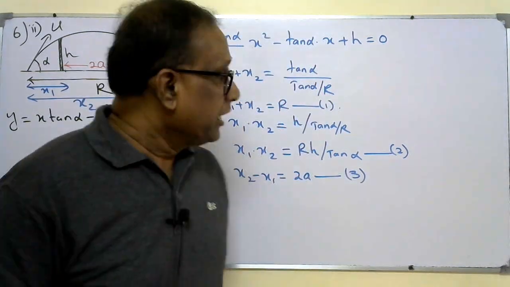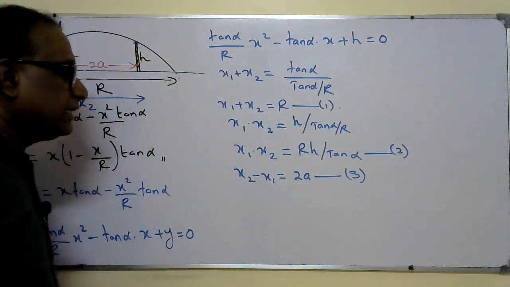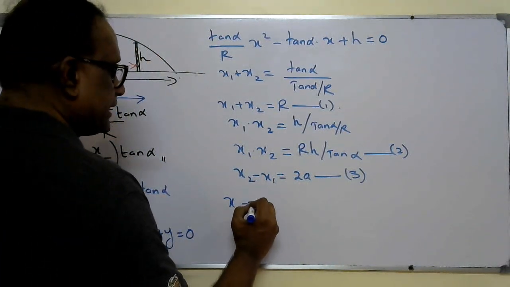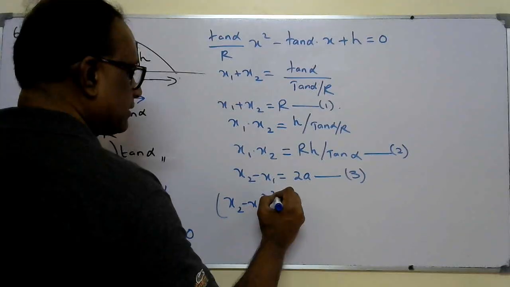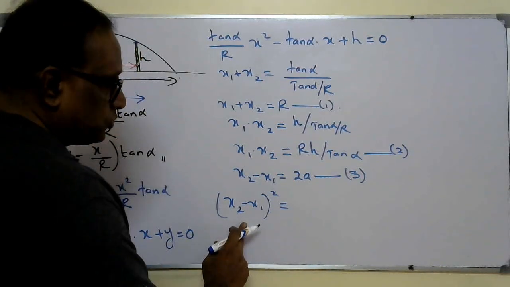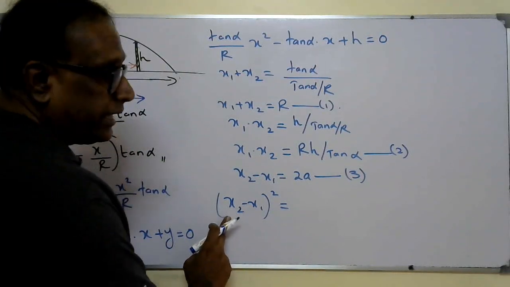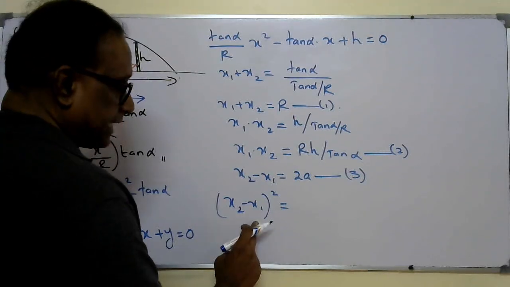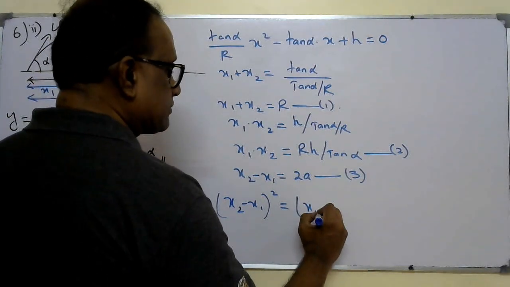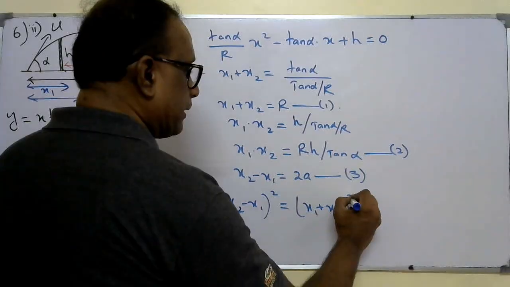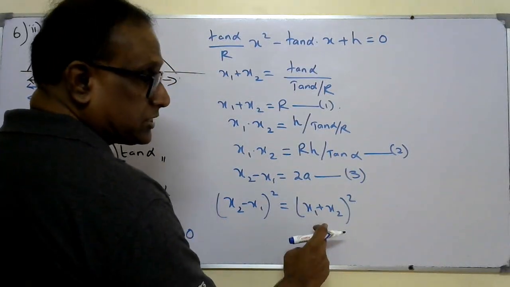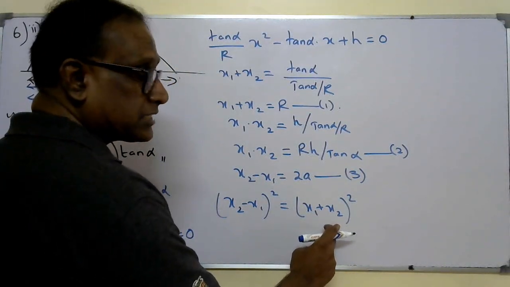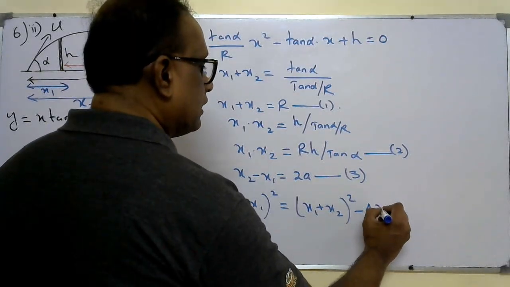So I have to use these three equations to get the expression like x2 minus x1 all squared, that is x2 squared minus 2x1x2 plus x1 squared. If I put it in terms of x1 plus x2, that will be x1 squared plus 2x1x2 plus x2 squared, so minus 4x1x2.